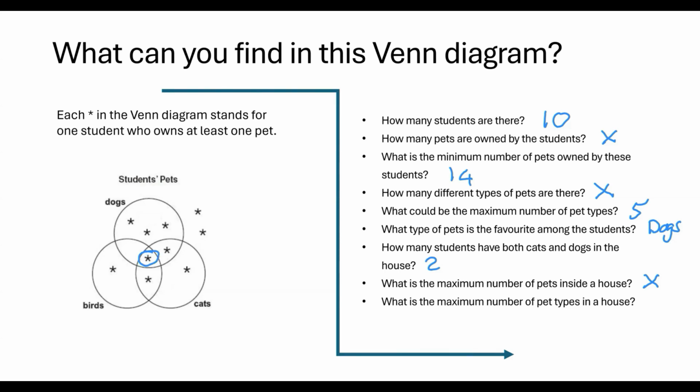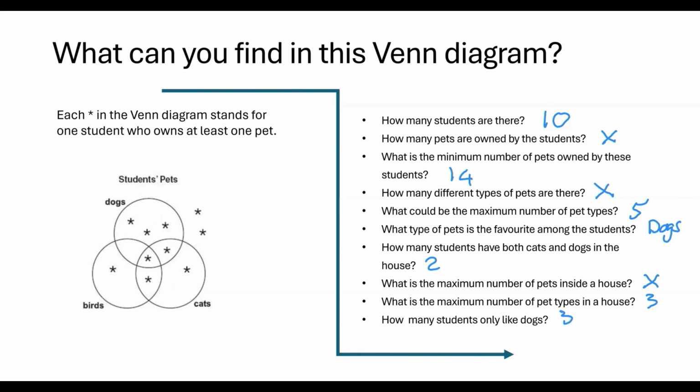So the maximum number of pet types in a house is going to be three. How many students only like dogs and nothing else, just dogs? Here we can see the three there. So there are three students who only like dogs.